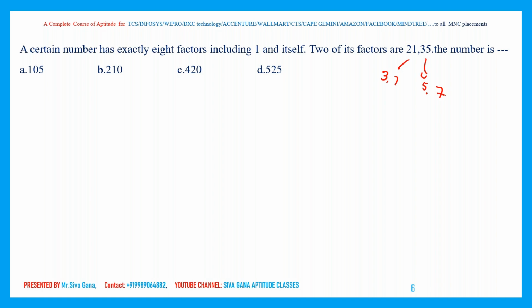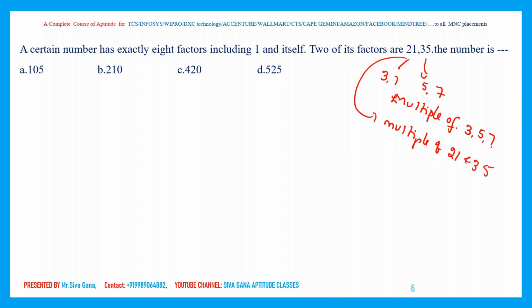So the number that we are looking for should definitely be a multiple of 3, 5, 7, which is simply the multiple of 21 and 35 also. Let us take the simplest multiple, that is the LCM.